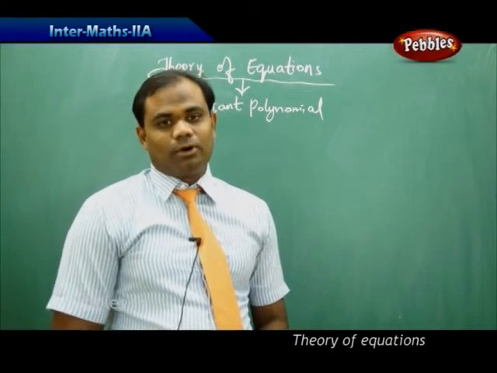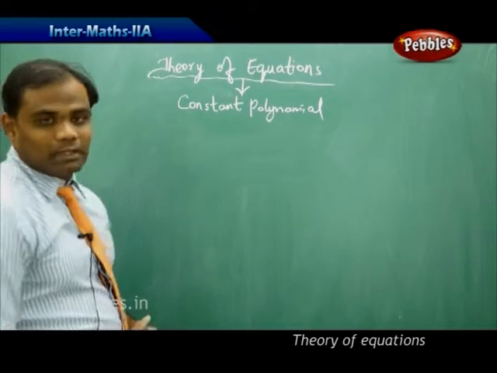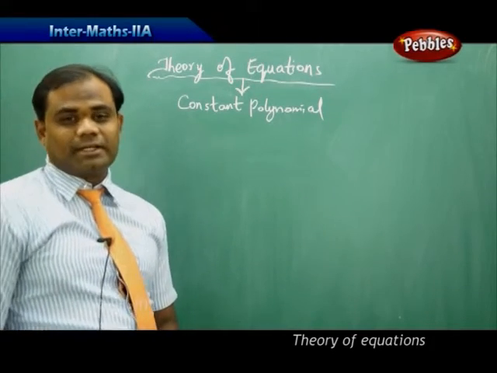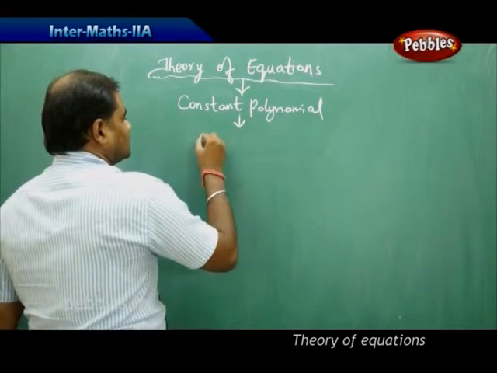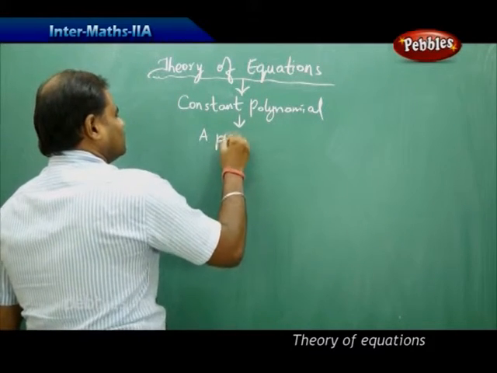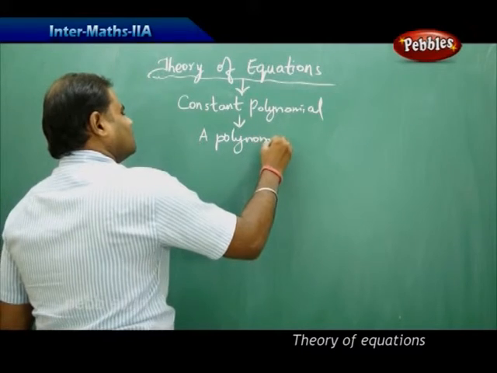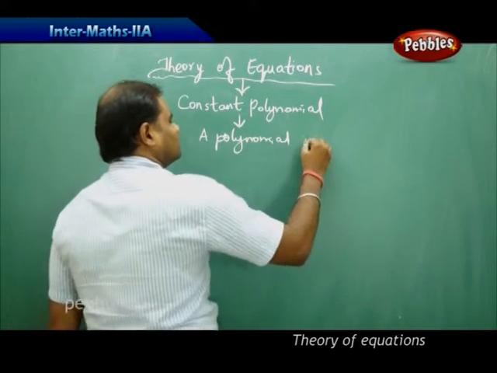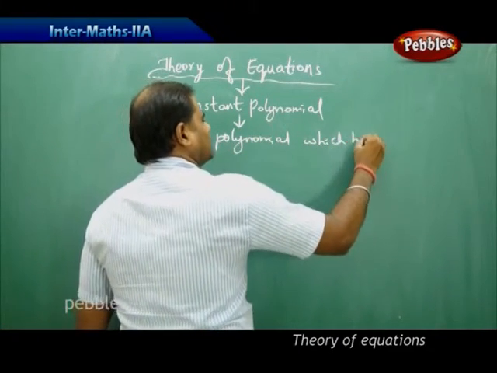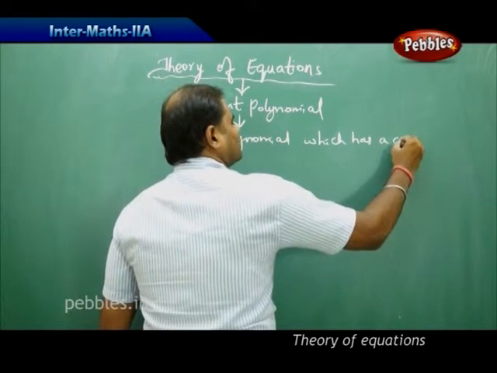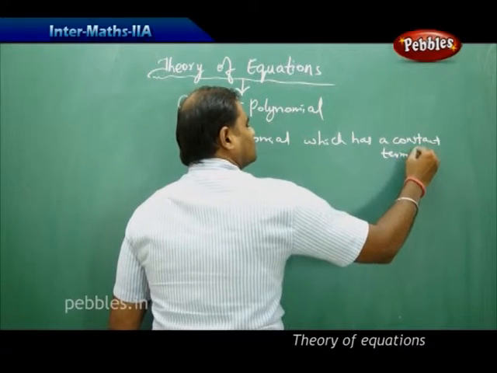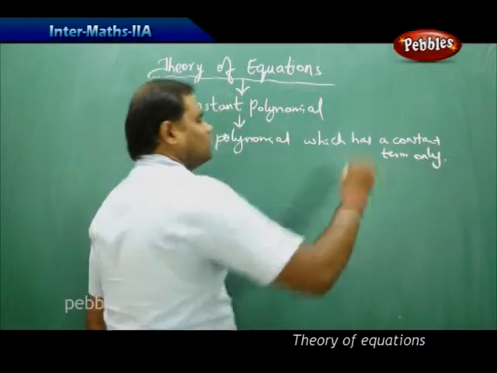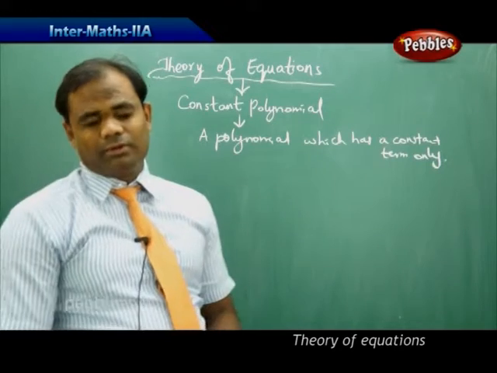So a constant polynomial is a type of polynomial which has only a constant, that is, it is independent of x. That is, a polynomial which has a constant term only is called a constant polynomial.